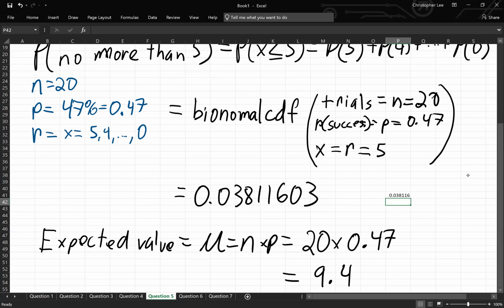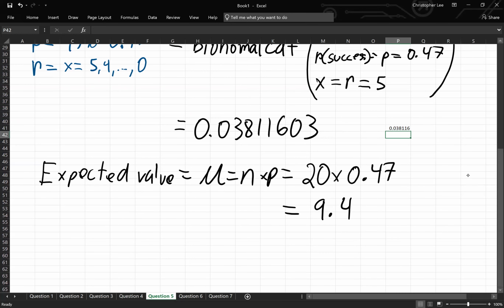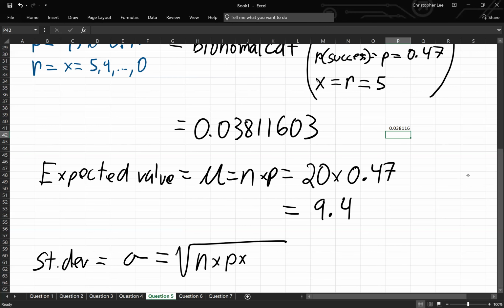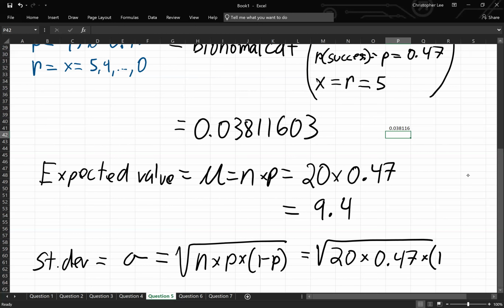Good. All right. What is my standard deviation? Sigma. Square root of n times p times q, but in that case, q is 1 minus p. Very good. So this is going to be the square root of 20 times 0.47 times open parentheses 1 minus 0.47.